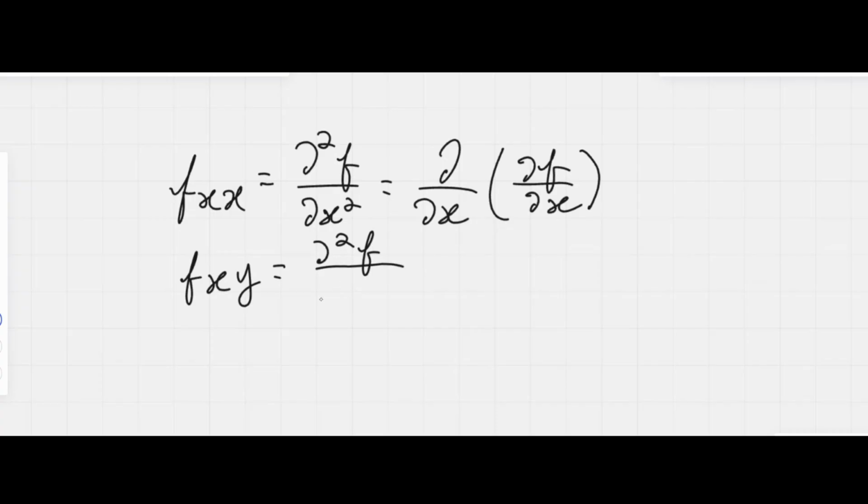Let me decrease this line. So it's going to look something like that. And so we start off from inwards and we work our way outwards. So inwards, we start here first at this rightmost side, and we say, okay, we're first trying to find the partial derivative of f with respect to x, and then we're going to find the partial derivative of that resulting function with respect to y.